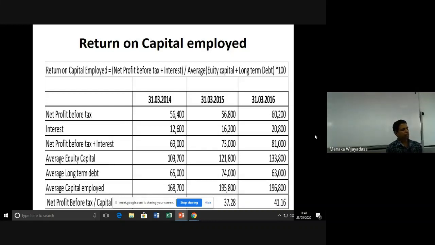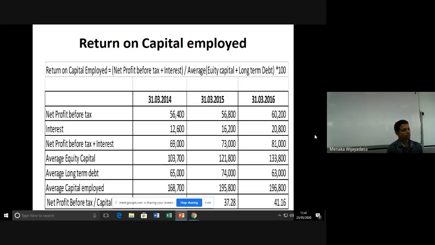Then the average capital, altogether the average equity plus the average term debt, that is 168,700, 195,800, 196,800, right? Then you calculate the ratio. You have to divide the net profit before tax and interest.